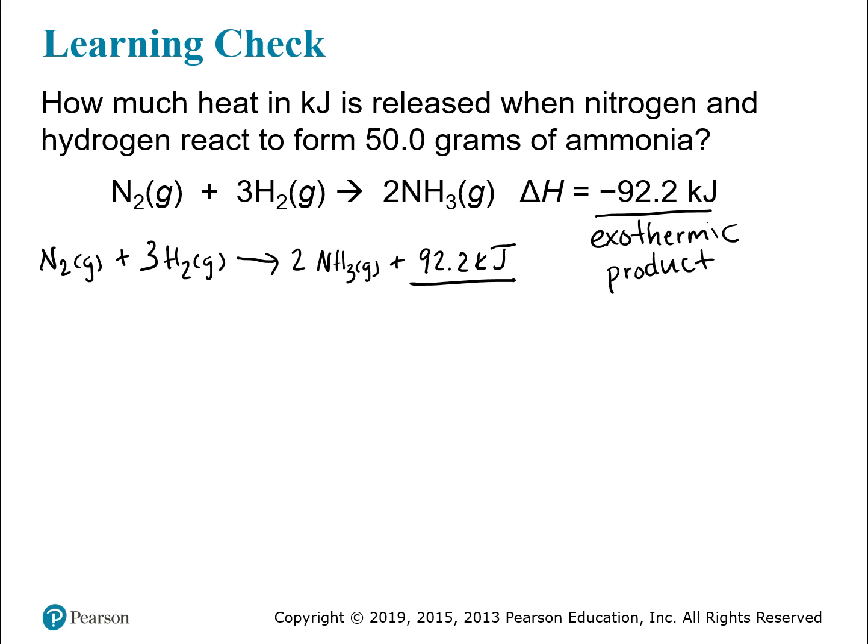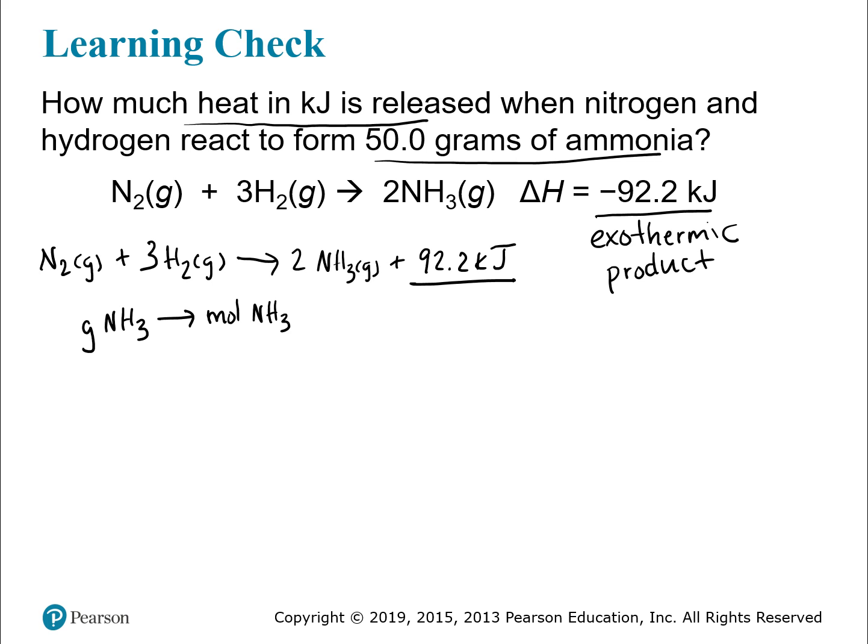Now we can look at what we're being asked. How much heat in kilojoules is released when nitrogen and hydrogen react to form 50 grams of ammonia? So we need to go from grams of ammonia to moles of ammonia, because we can't do anything with grams. We can't take grams and look at the chemical equation. The chemical equation is talking about moles.